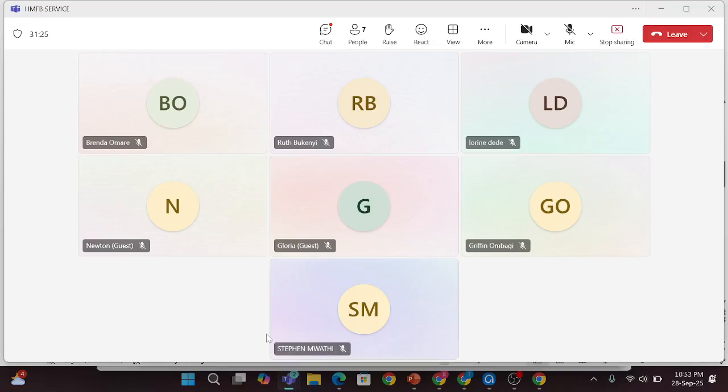I see we are like 7 people. So I'd like each of you to give at least 1 point on what you should consider when planning for your menu before I give you my own points.